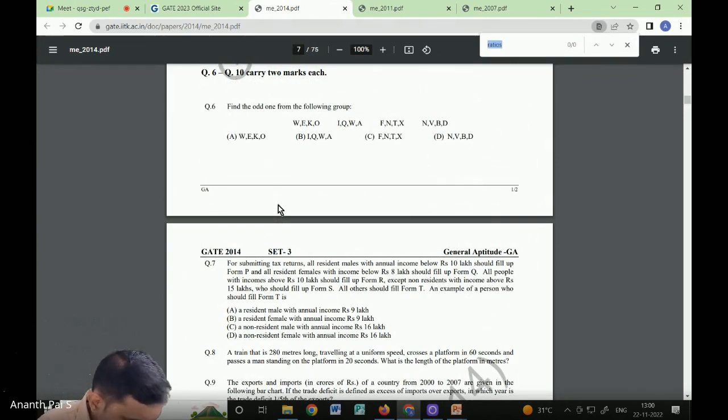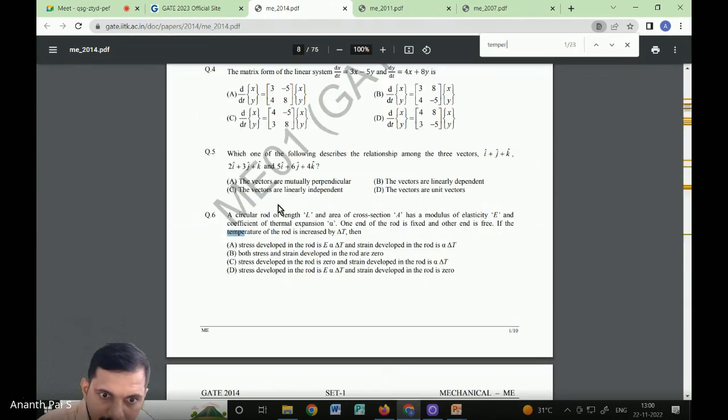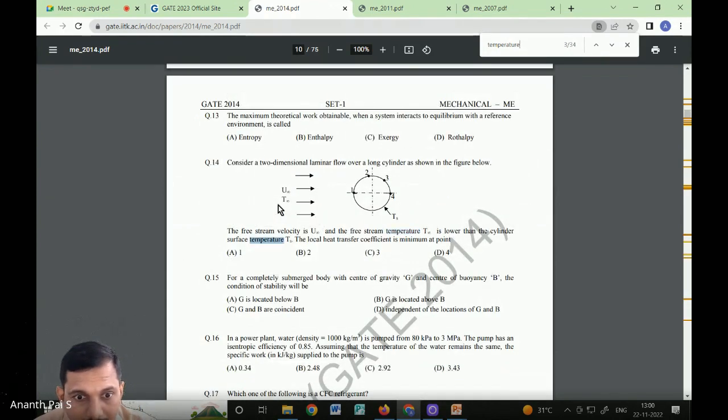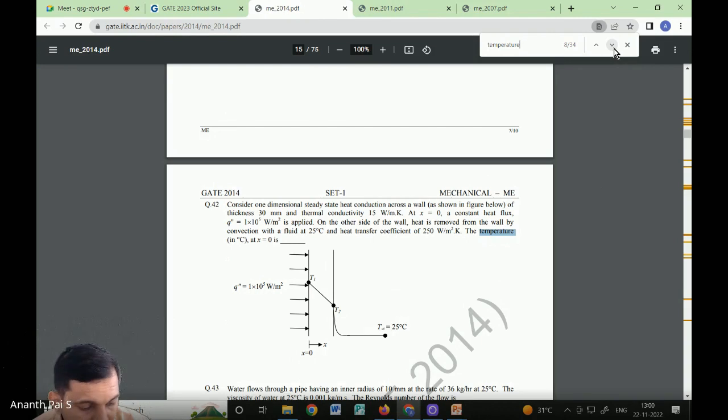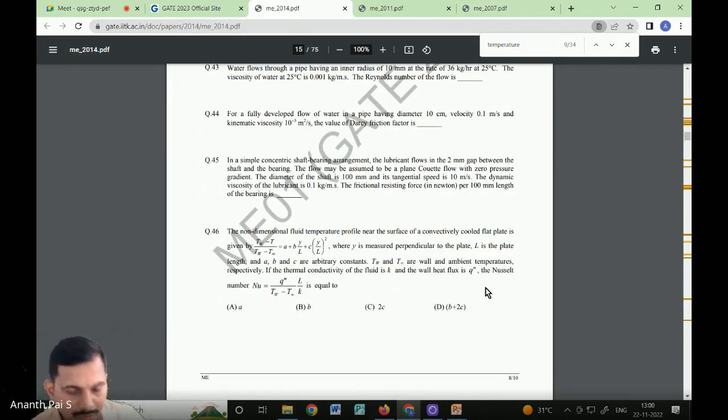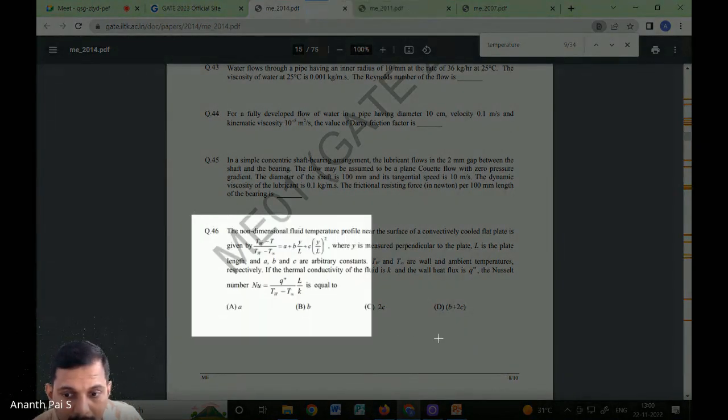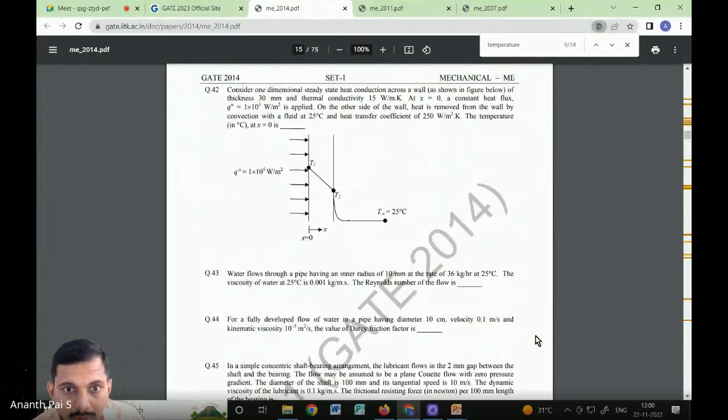Temperature. Yeah, this one. Set 1, 2014.